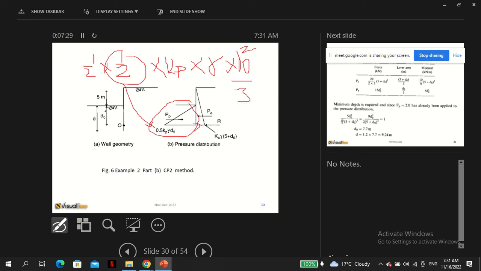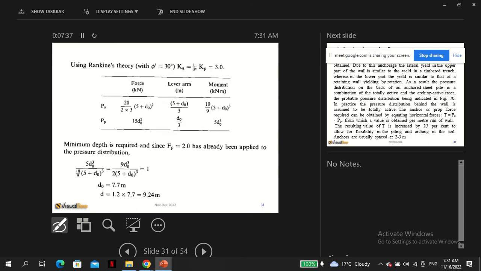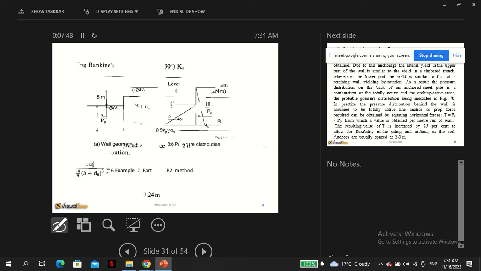So this is 4 times 3 is 12. Let's see what they get here. So 15 d squared, can you see that that is true?